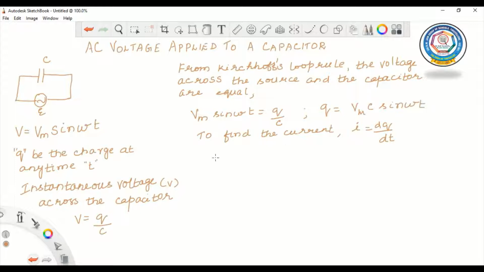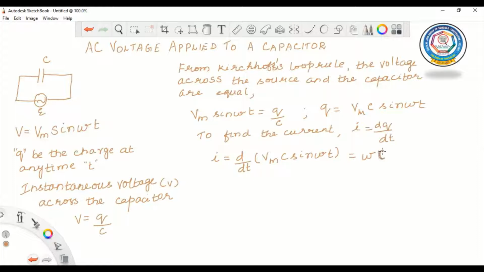In order to find this, what are we supposed to do here? I is equal to d by dt of Vm C sin omega t, substituting for Q. So we are going to differentiate this. When you differentiate sin omega t with respect to time, you will get omega cos omega t. Am I right? Already you have this C here.